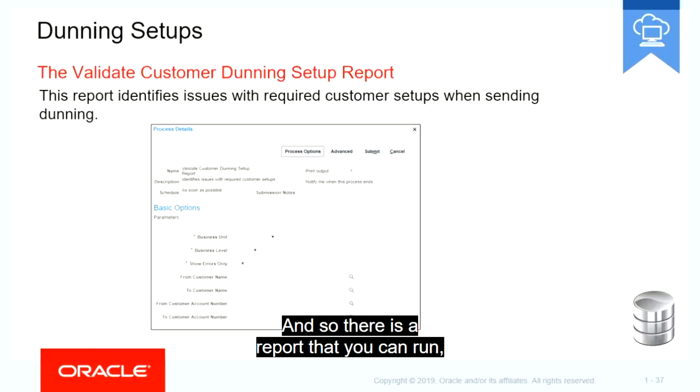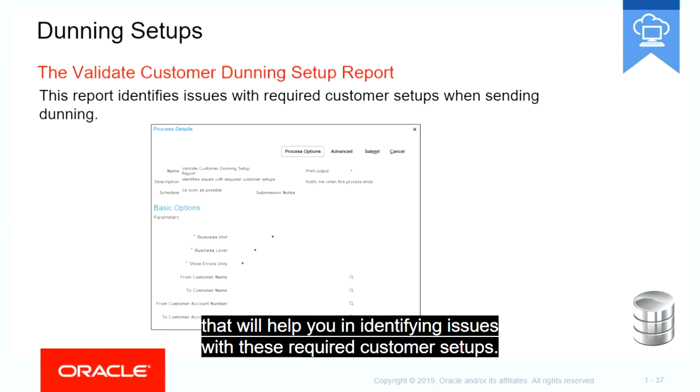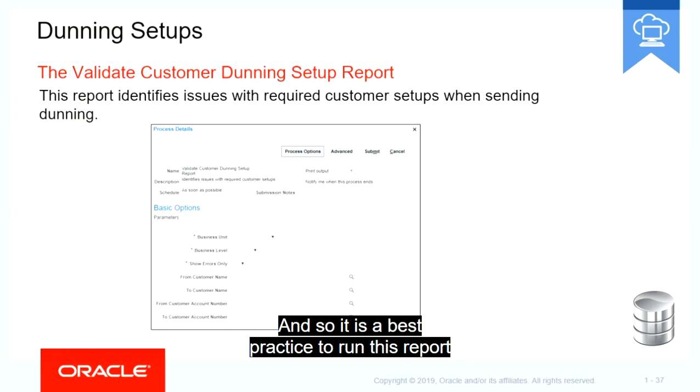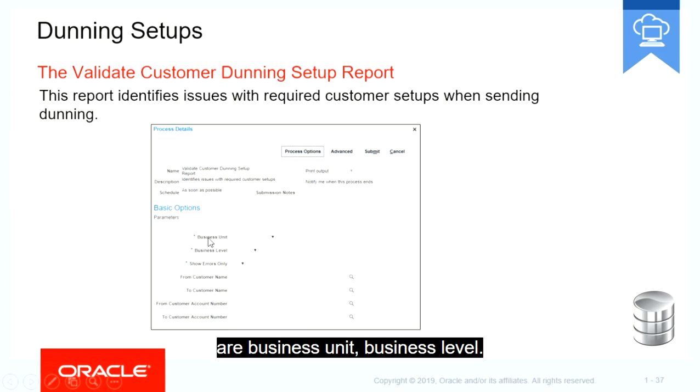And so there is a report that you can run, the Validate Customer Dunning Setup report, that will help you in identifying issues with these required customer setups. Okay, and so it is a best practice to run this report to make sure that your customers are set up correctly. Now here you can see that the mandatory parameters are business unit, business level.